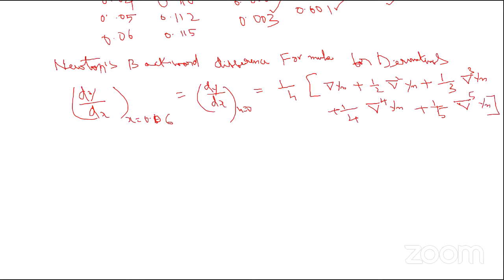Substituting the corresponding values from the table, we obtain 1 by h, h means 0.01. This is not 4, this is h.